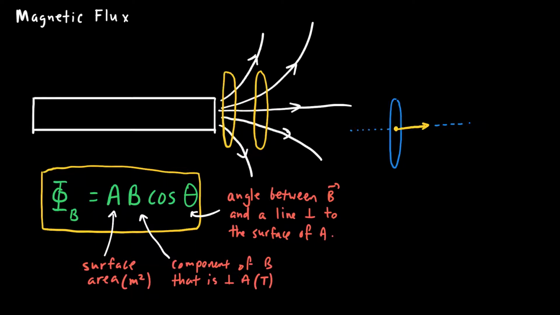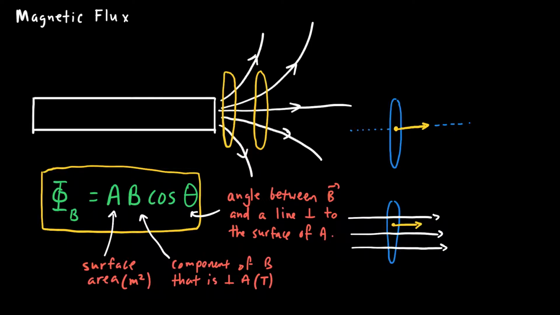And now if, for example, we take that loop and place it in the region of, which is not an actual loop, right? It's just a thing that we're imagining, some loop with a surface area A in order to define what the magnetic flux is. If we place that loop in a region where there's a magnetic field, and maybe the magnetic field is directed to the right like this, then the line that points perpendicular to the surface of that loop still looks like this, right?